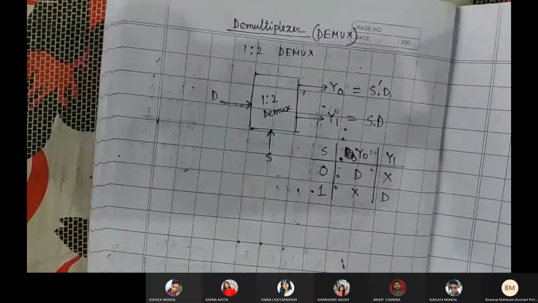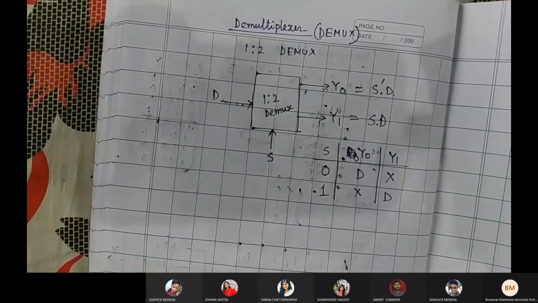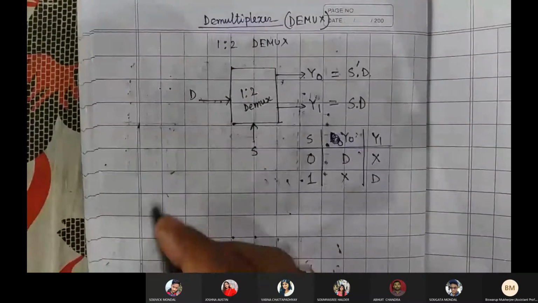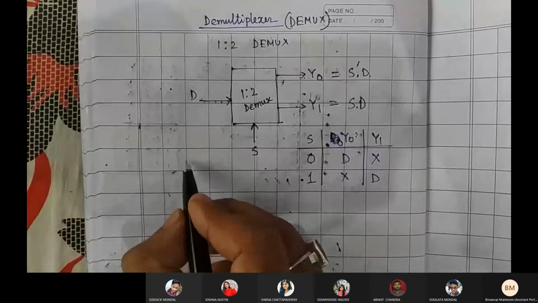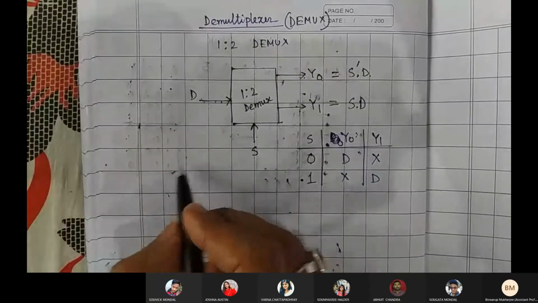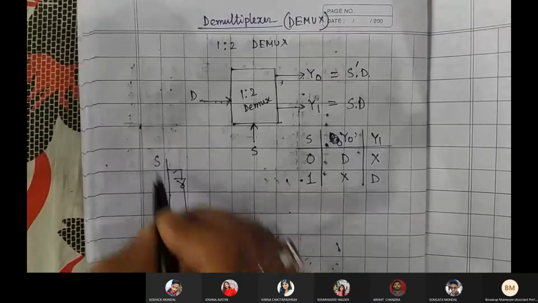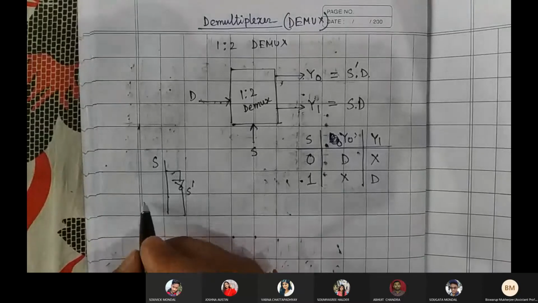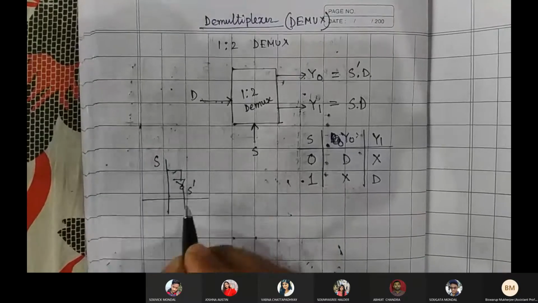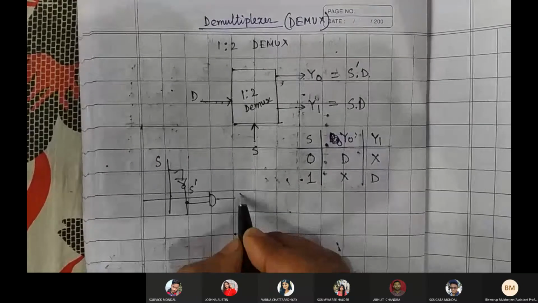So these are the two output expressions, and once you have these, obviously you can draw the circuit. So two outputs are there. One is the S line, another is the S bar line. Fine. So the S and S bar lines are there, and we have the D input, right? So the D input along with S bar, and you will have Y0.